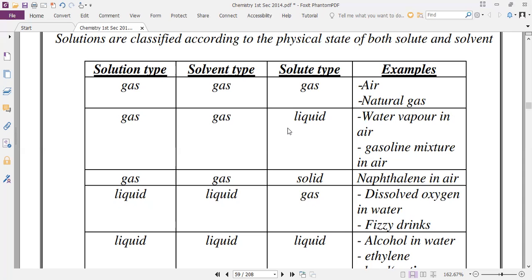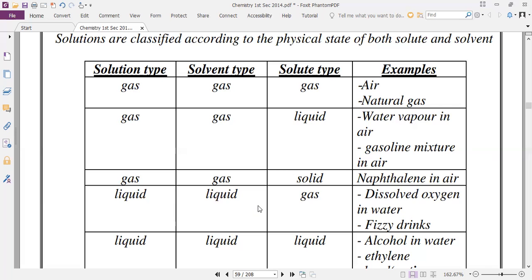We have solid gas solution as naphthalene in air. Naphthalene, small particles that float in air. So it's called solid gas solution.